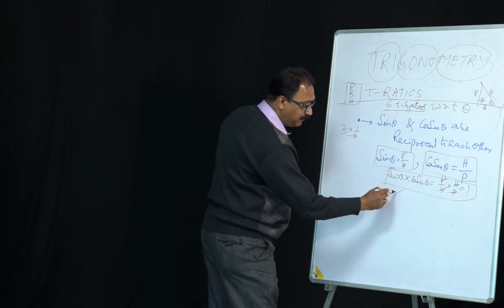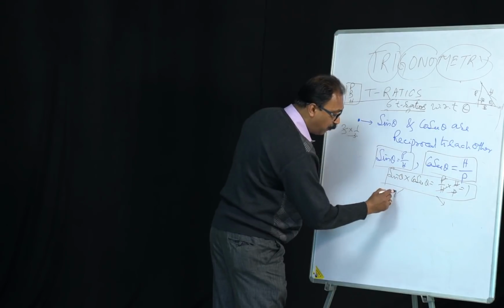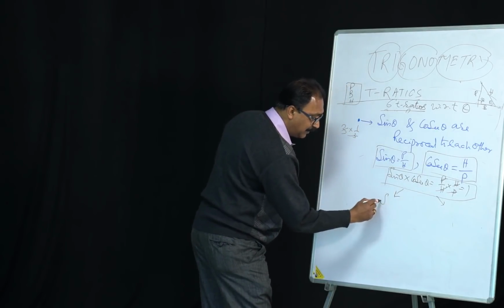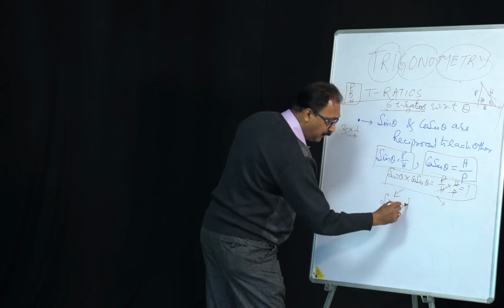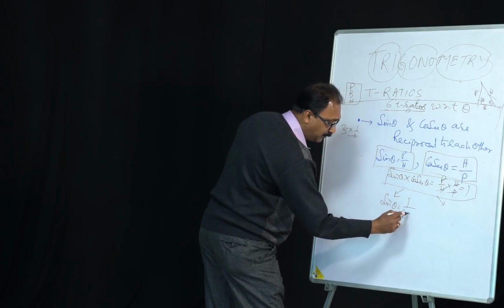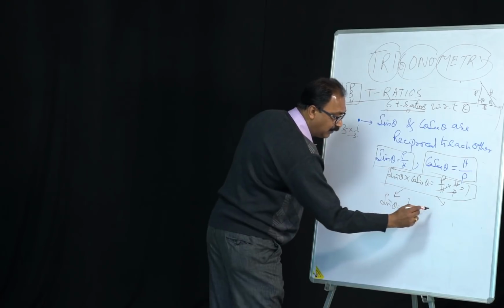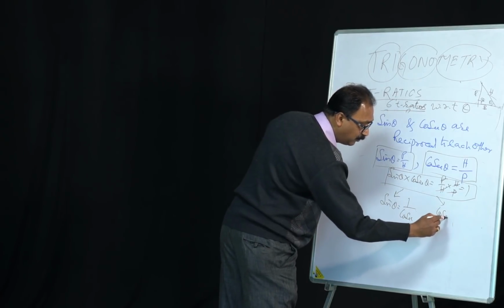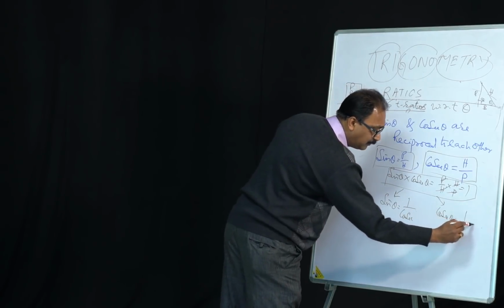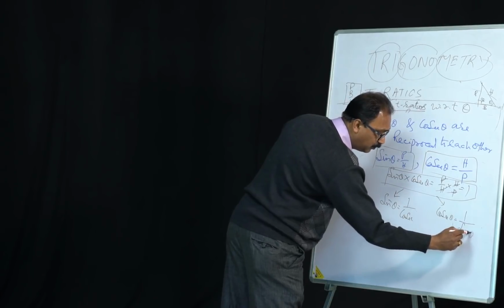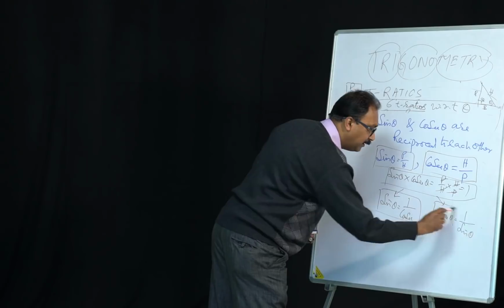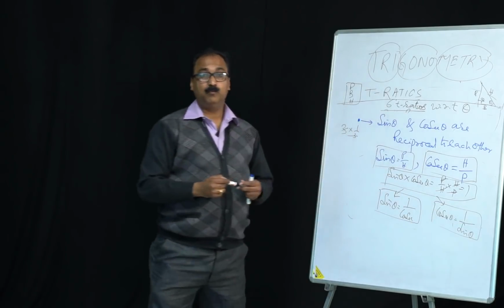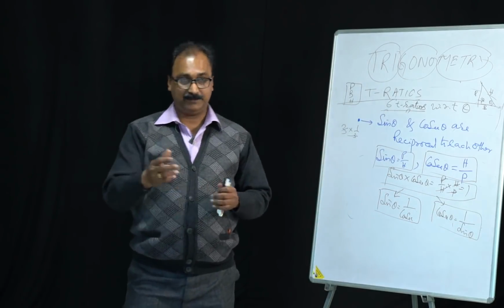From there, we can find another 2 important notes. What is that? Sine theta is equal to, if I divide this side, 1 by cosec theta. Likewise, cosec theta is also 1 by sine theta. That way you can develop more ideas which help us in problem solving exercises.